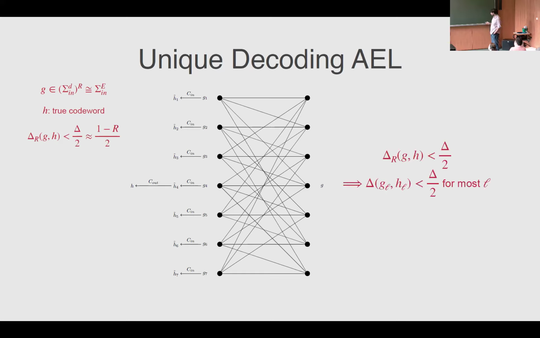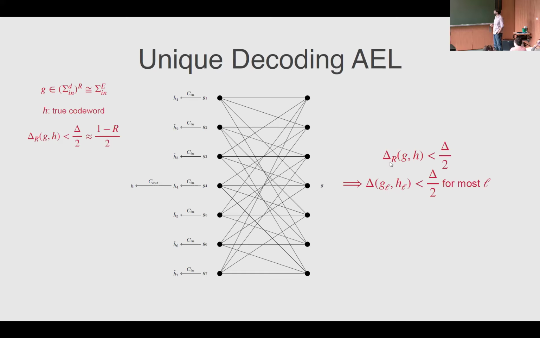Why does this work? The key claim is that because on the right we had g and h being closer than delta over 2, on the left for most vertices, we should have the local views also closer than delta over 2. This is a sampling property, and expanders excel as samplers. So each vertex here is sampling the global assignments g and h on the right.